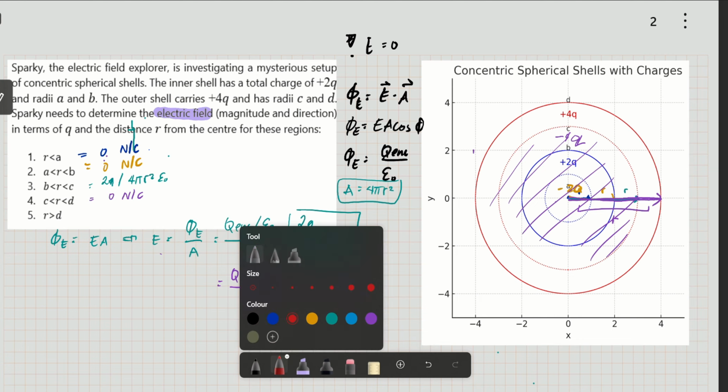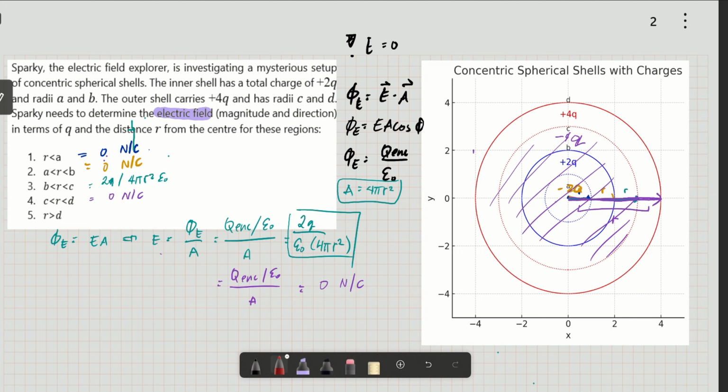And lastly, number 5, we have r greater than our d. Since our r is greater than d, we assume that it is here. Still, cosine phi is 1 because phi is equal to 0.